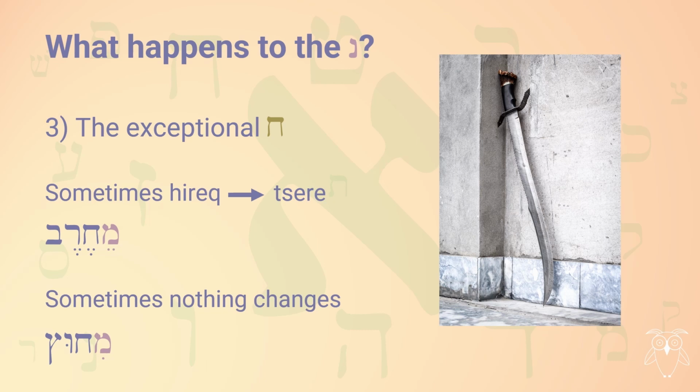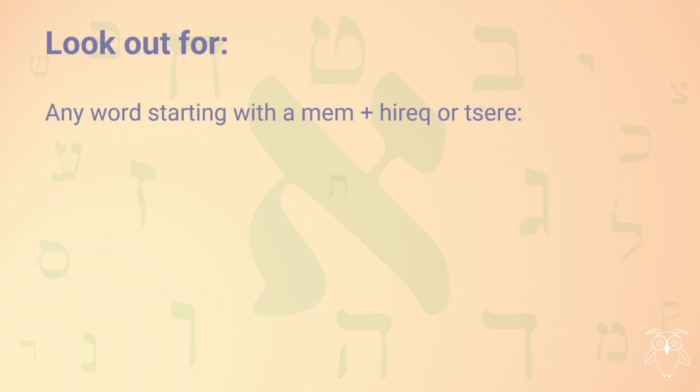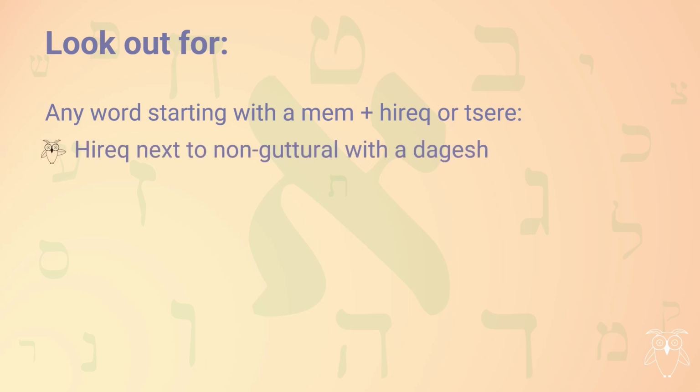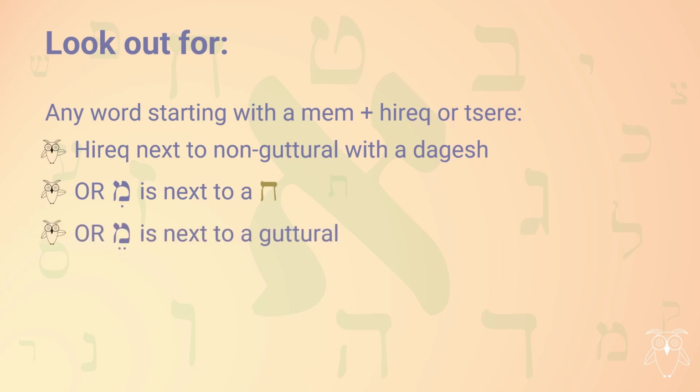In any case, if you see a word that starts with a mem with a hirek or a tzerei underneath, pay attention. If it is a hirek, and the next letter is either a non-guttural with a dagesh, or the mem and the hirek are next to a chet, or if the mem with a tzerei is next to a guttural, then you may very well be dealing with the preposition min.